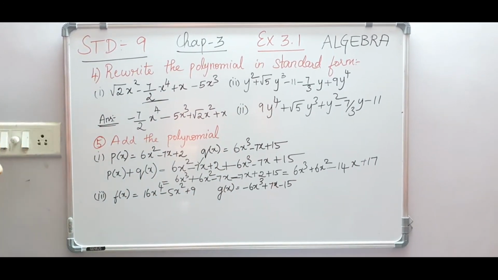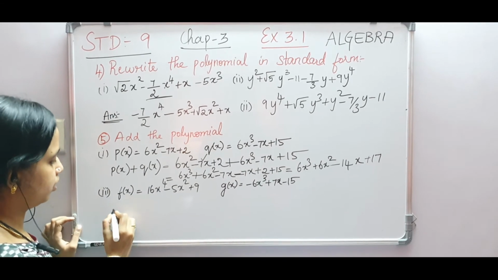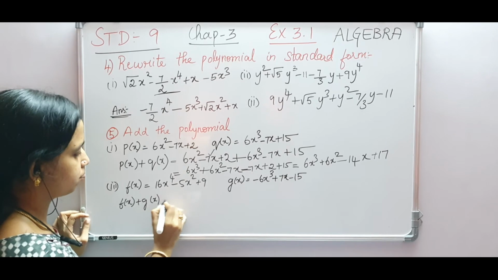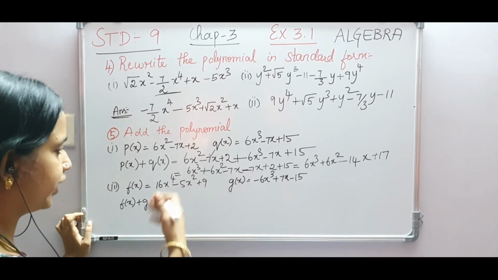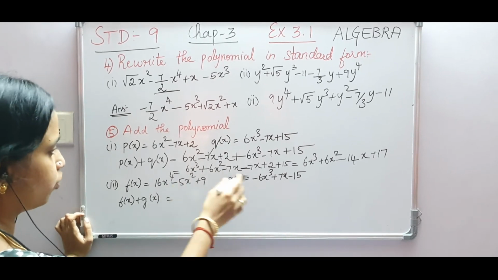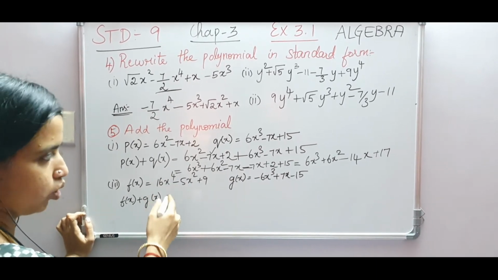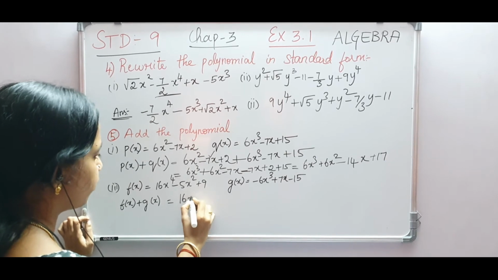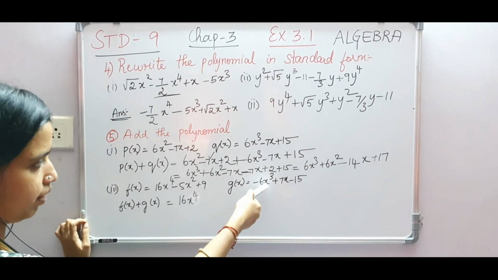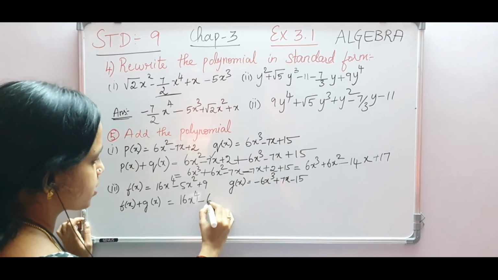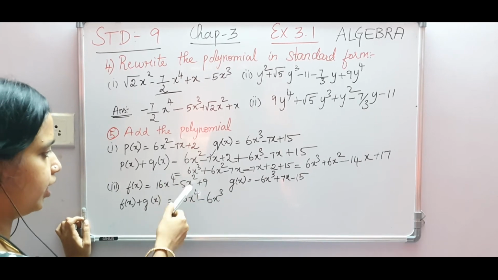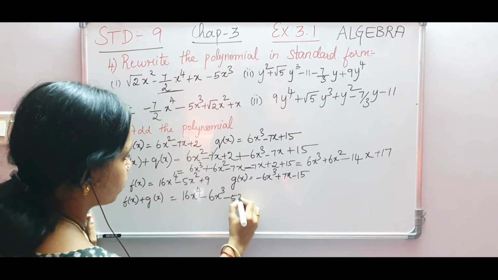Now we can do another example, that is f of x plus g of x. So now you can directly write the standard form. The highest order of these two polynomials is 4, so 16x power 4 will be your first term. Then check degree 3. Here we are having degree 3, so minus 6x cube. Then check the second degree, that is minus 5x square.